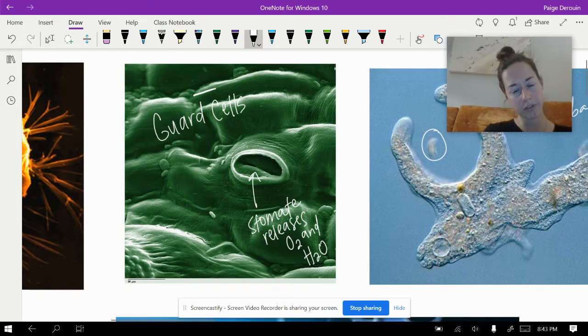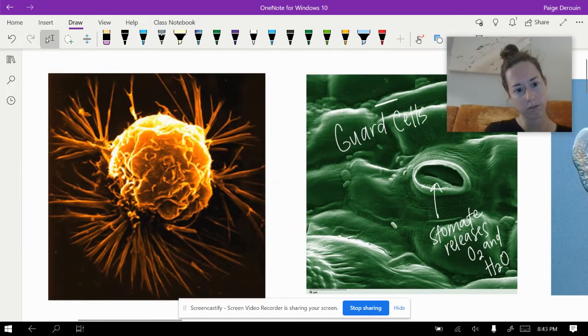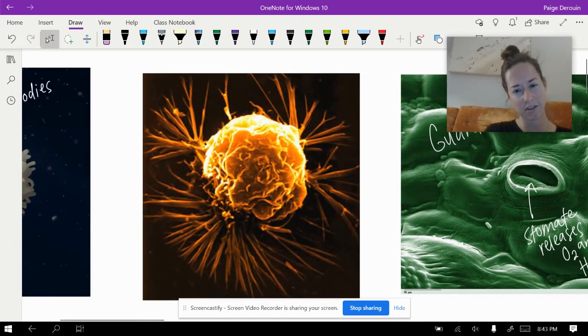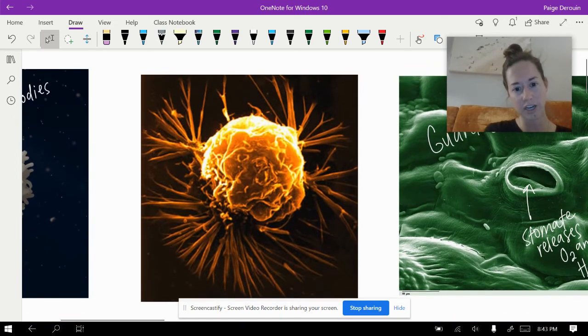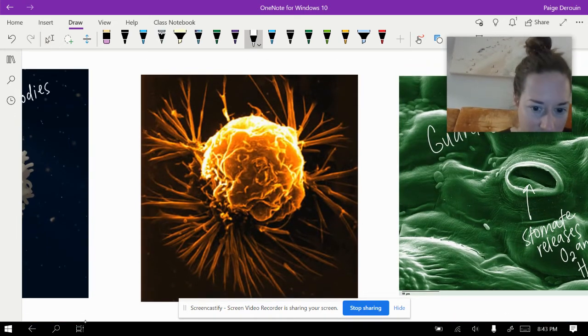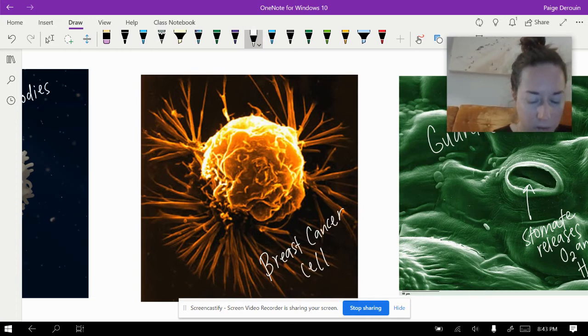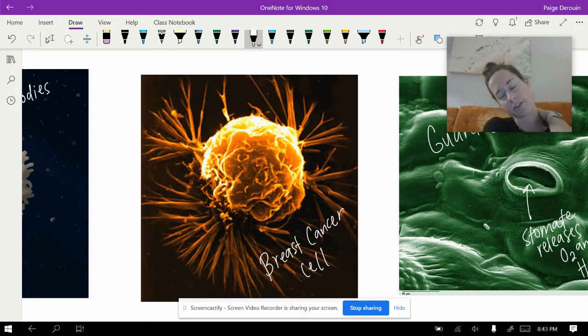And finally, we've circled back around to this one, which doesn't look quite like the others, and it's actually a cancer cell. So this is a breast cancer cell. We'll talk more about cancer later this fall, but it's a disease that is caused by your own cells acting in a way that they're not supposed to act.